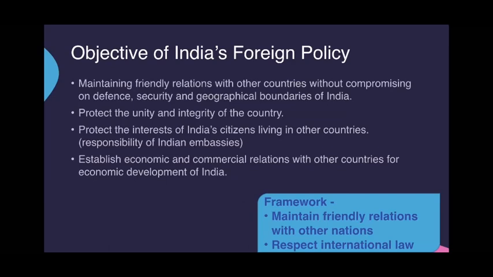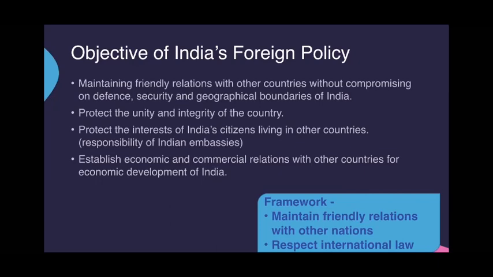Objective of India's foreign policy. Now, India's foreign policy has been developed in the following framework. First, maintain friendly relations with other nations. Second, respect international law. Keeping this framework in mind, the objectives have been developed. The first is maintaining friendly relations with other countries without compromising on defense, security, and protecting geographical boundaries of India.